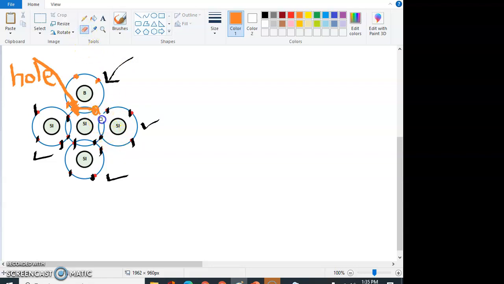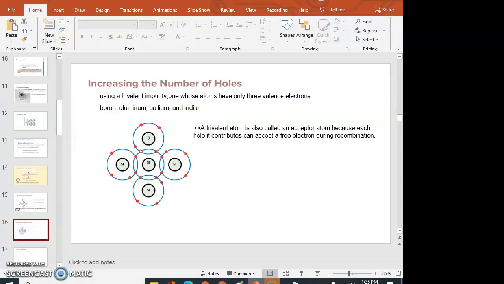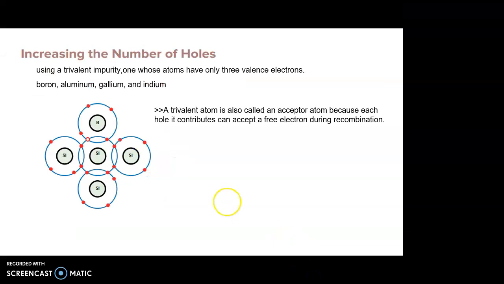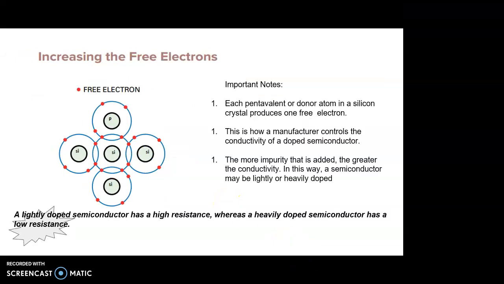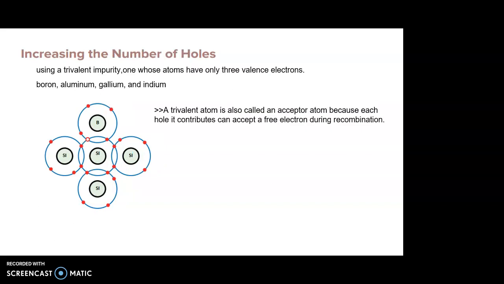So what did you observe? There is now a movement of charge. If charges are moving, there is now a flow of current. Whether we increase the number of free electrons or increase the number of holes, both create movement of charges.